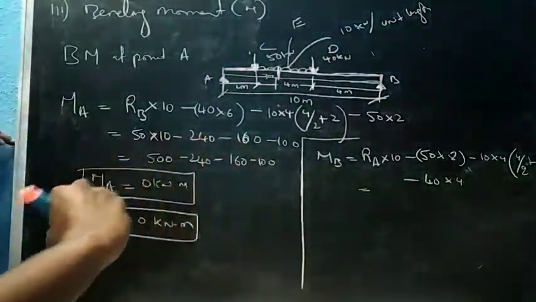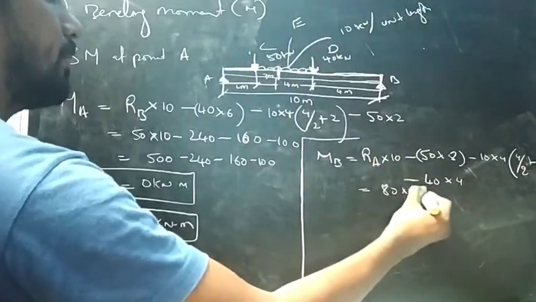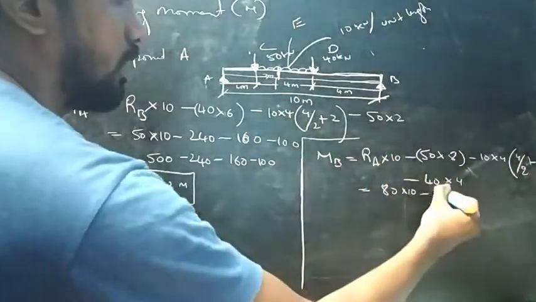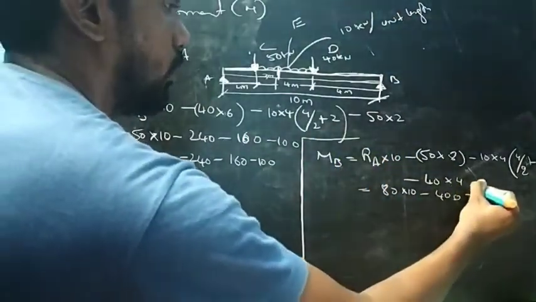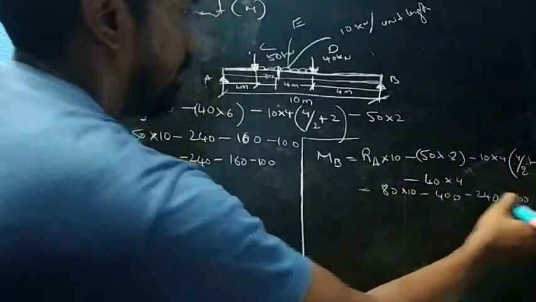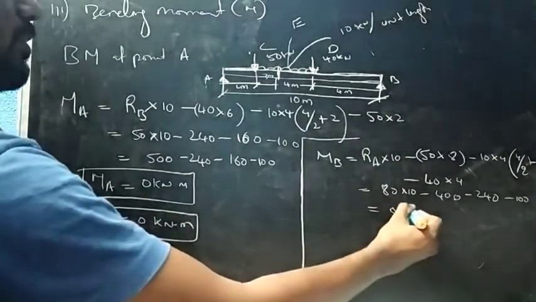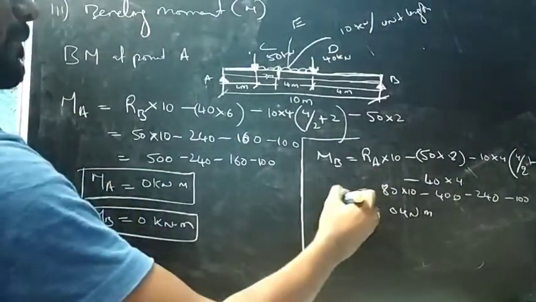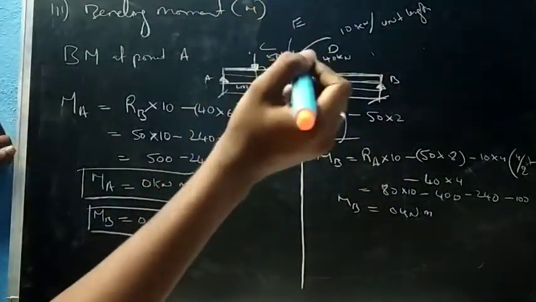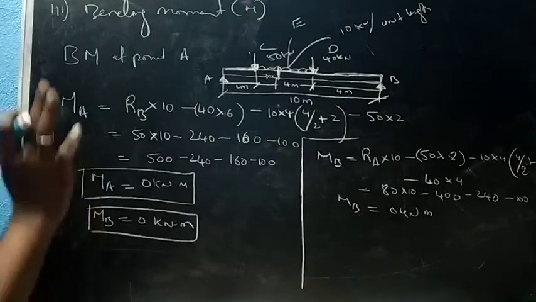So from here I can get 80, we know that, into 10 minus 400 minus 240 minus 100. So put these values in your calc, we will get 0, right? We got RA and RB.